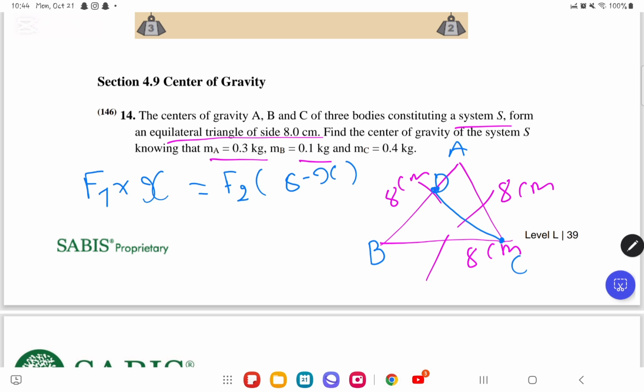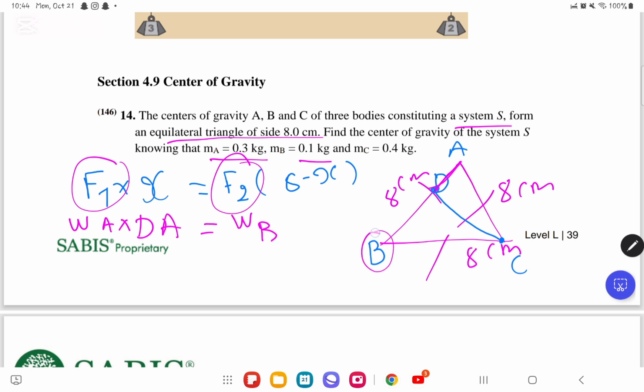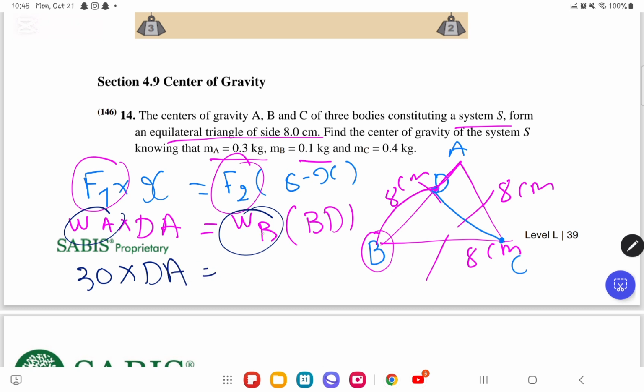In this case, look how we're gonna do it. We're gonna take the force as the weight. So now, the weight of A times the distance, which we'll call dA, is equal to the weight of B times 8 minus dA, which is what is left, BD. So far understood? So now we have the values of weight A and weight B. We can do 0.3 times 10, so 30 times dA is equal to 10 times BD.